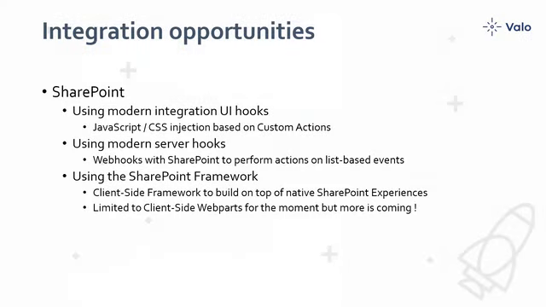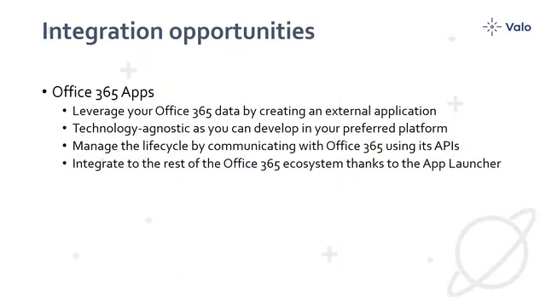We also have integration opportunities in terms of Office 365 apps. And what is an Office 365 app? It's just code happening somewhere that leverages the Office 365 APIs. One of the best Office 365 APIs that exists is called the Microsoft Graph, and if you live in the cloud, you need to start looking at that.